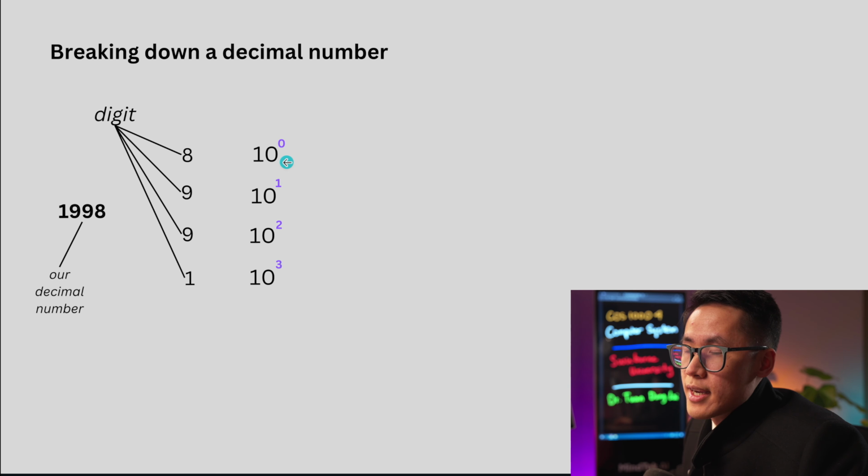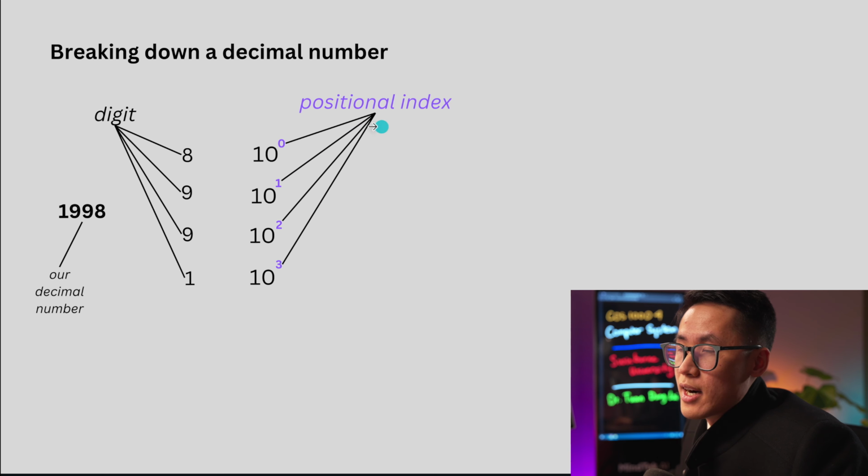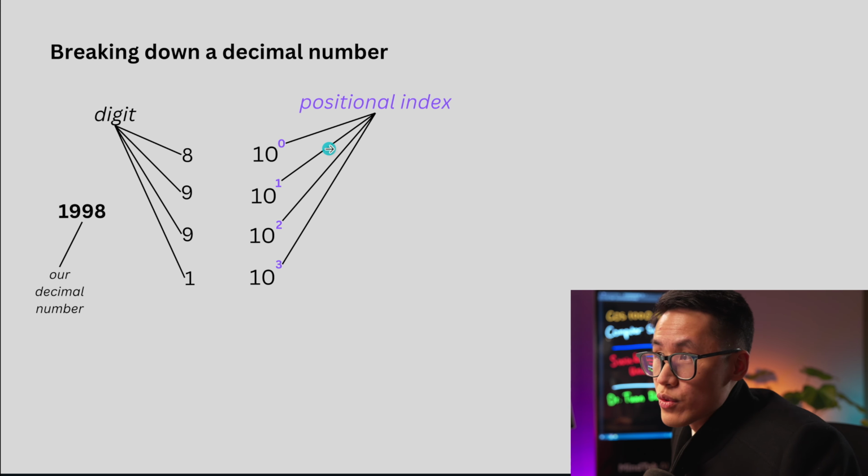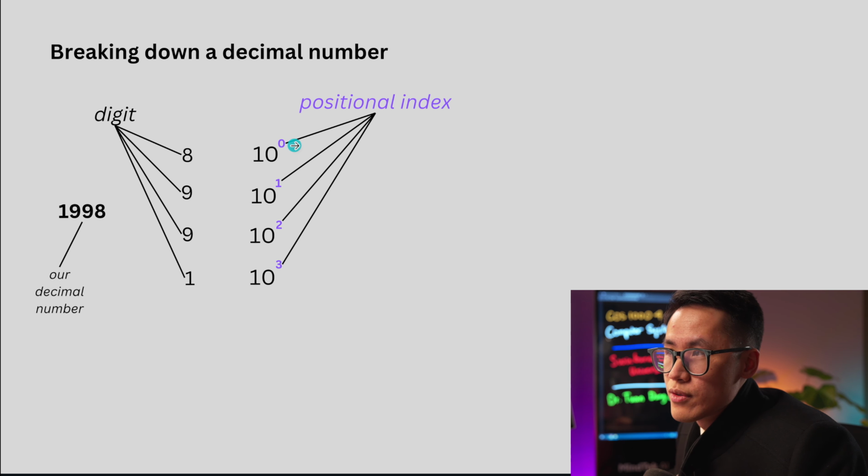Okay, I will write it in 10 to the power of 0, 10 to the power of 1, 10 to the power of 2, 10 to the power of 3. Okay, what is the 10? The 10 is the base, and 0, 1, 2, 3 are called positional index. Why it's called positional index is because the index of the first digit is 0, so we count starting from 0.